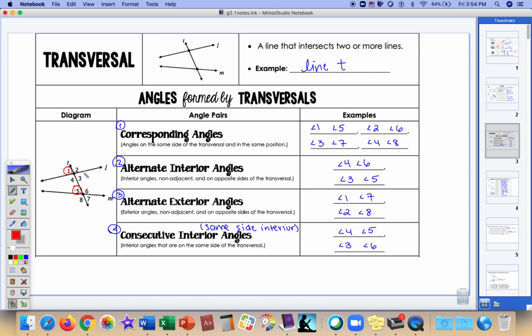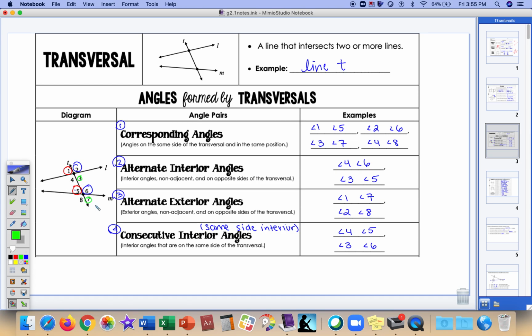All right, 2 and 6, the same situation. They're both above L and M, respectively, and they're on the right side of the transversal. Their position corresponds.